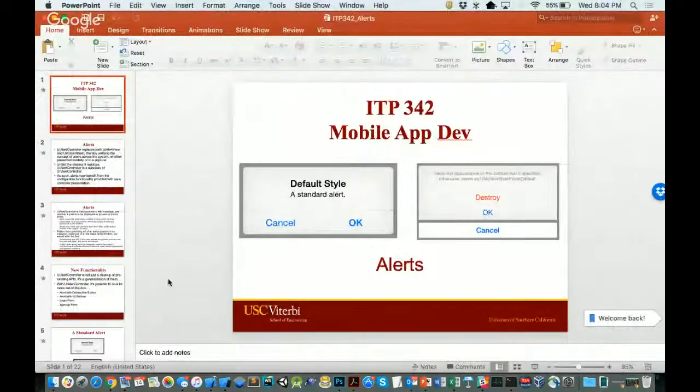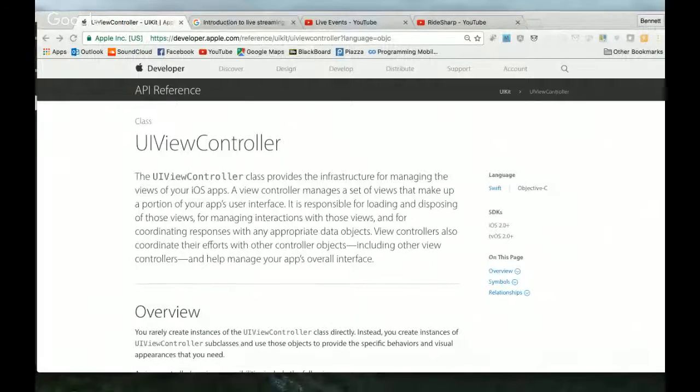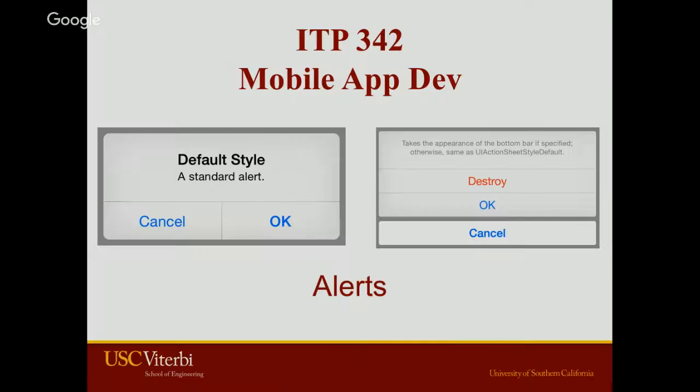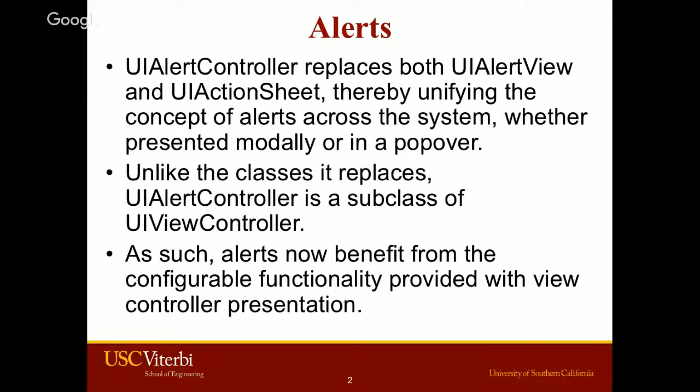So let me quickly go through the slides. The slides are just what I did for the demo. So I thought if I do a demo first, you guys would better understand it. So basically, we went over the UI alert controller that replaces the UI alert view and action sheet, and it unifies the system to present a pop-up. Let's see here.